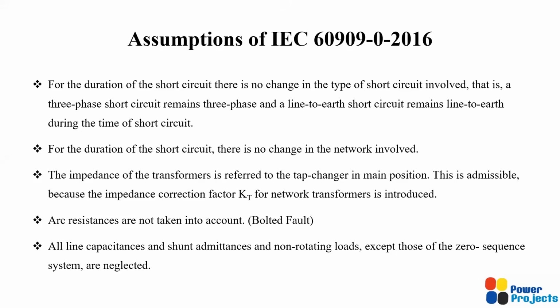If you know how a transmission line has to be modeled for a power system study, you model the transmission line as a nominal pi, that is, resistance and reactance in series and capacitance in parallel. But for a short circuit, the shunt capacitances are neglected except for the zero sequence. So that's the other assumption of this IEC 60909.